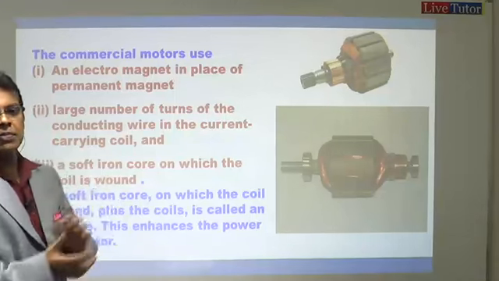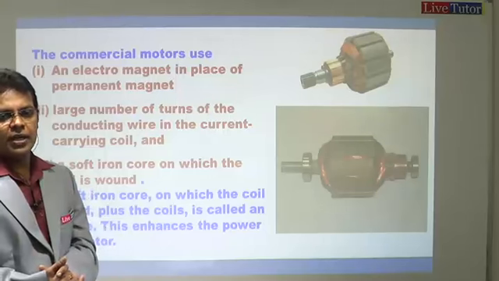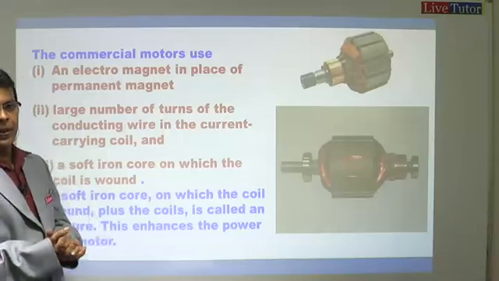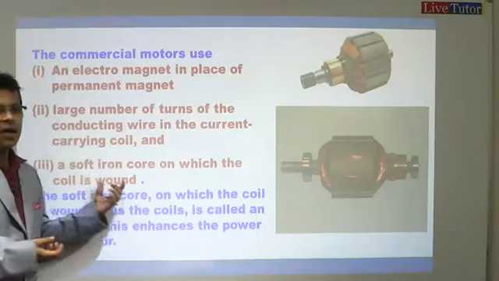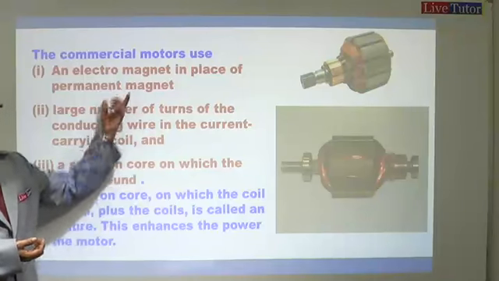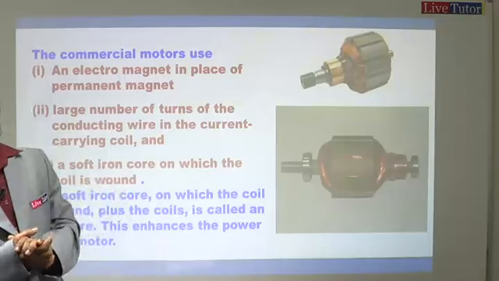And they will have a large number of turns, so that the magnetic field will also be more and the force will also be more. And a soft iron core on which the coil is wound. These are the three important points you have to remember regarding commercial motors.